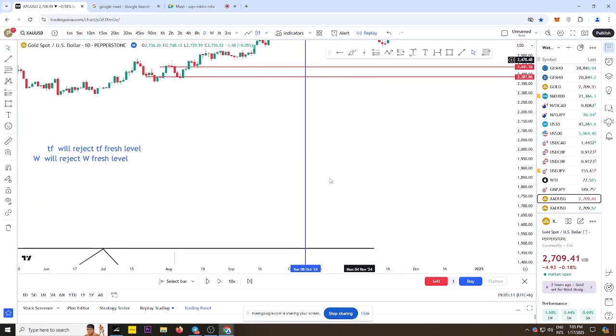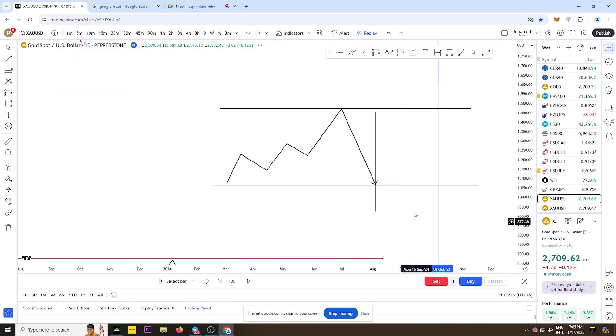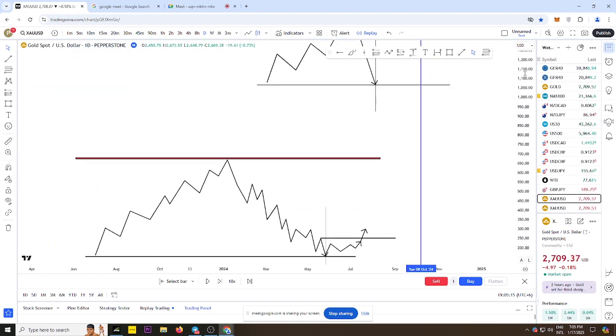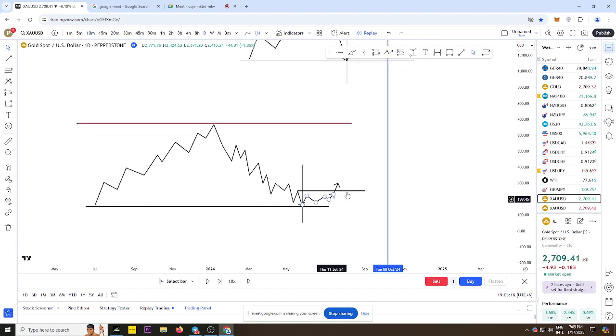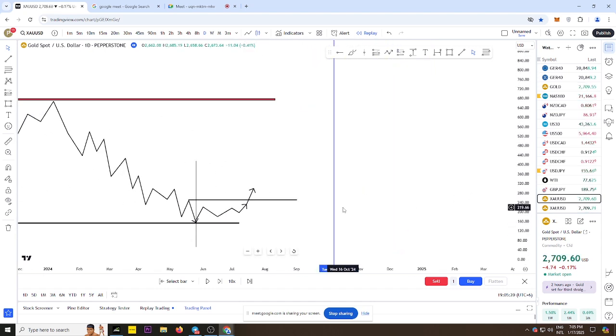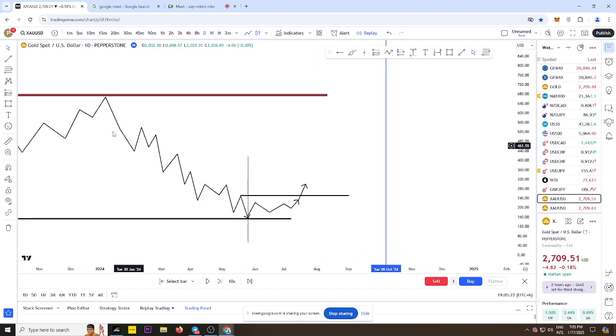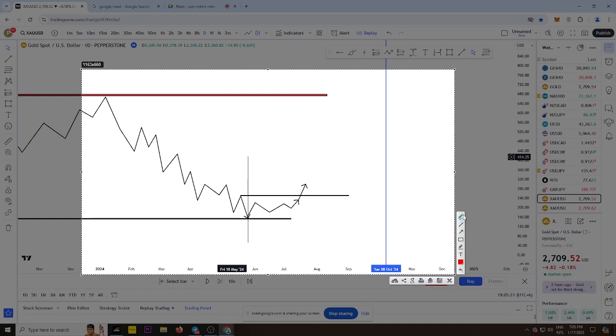Now look at what happened here. Everything remains the same, but we started using a fancy word. The same structure is here, the N shape. This is your last N shape. It started breaking.